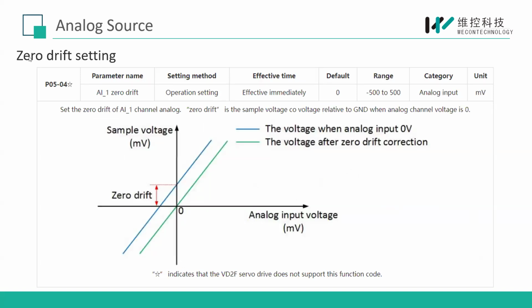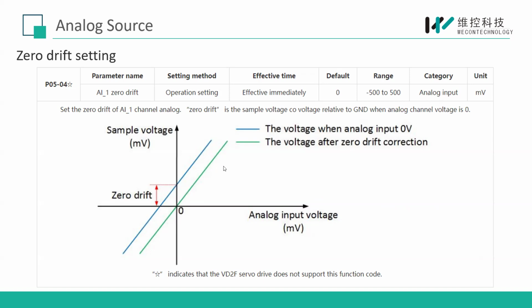First, we need to set the zero drift. Normally, when there are no analog inputs, our driver should collect 0 mV.